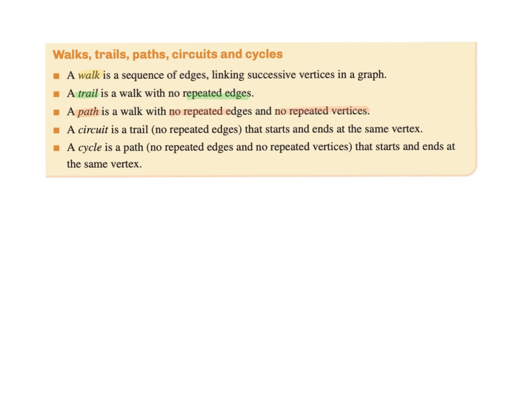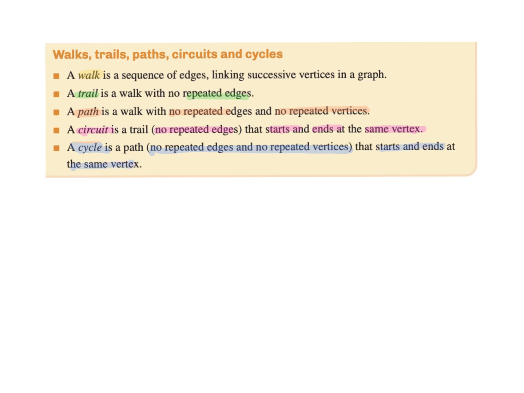Next we had a circuit, which had no repeated edges and the start and end at the same vertex. And then finally a cycle, which had no repeated edges and no repeated vertices, except for the start and end being the same.